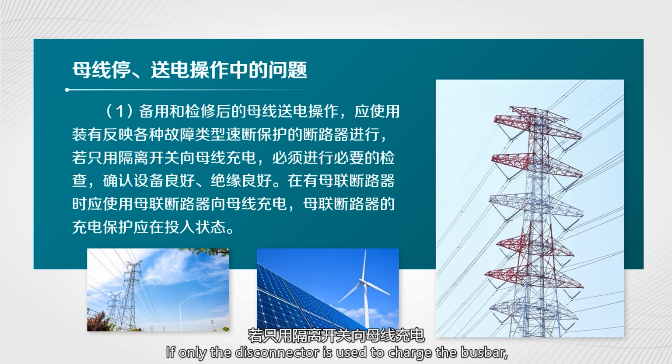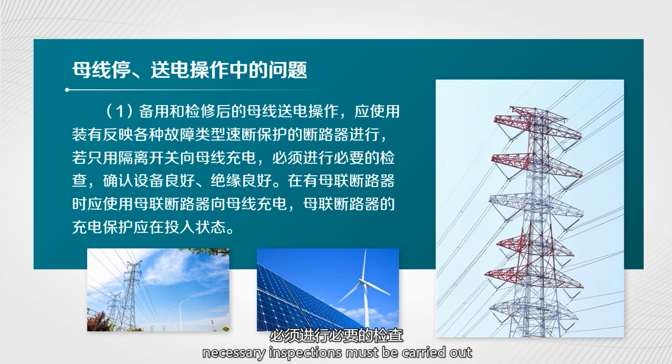If only the disconnector is used to charge the busbar, necessary inspections must be carried out to confirm that the equipment is in good condition and the installation is good.